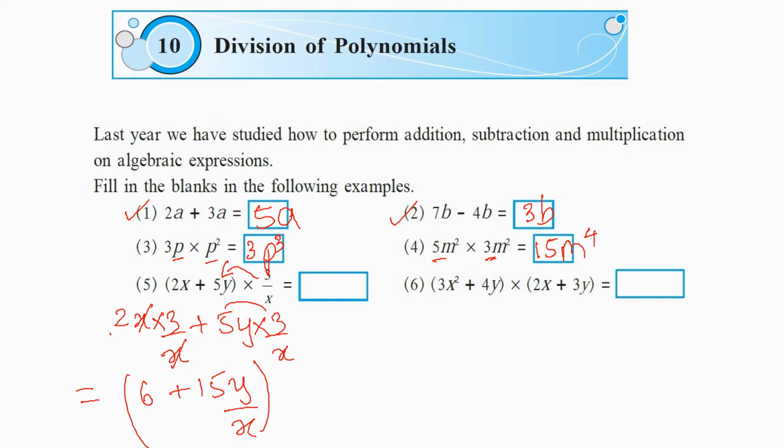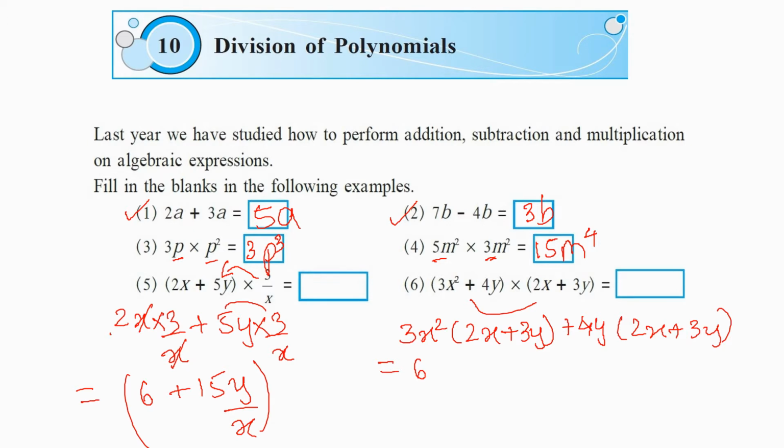Similarly, if you see the sixth one, here we'll have to do bracket to bracket multiplication. First you multiply 3x squared with the bracket 2x plus 3y. Similarly, 4y you multiply with 2x plus 3y. Now simplify this: 3 times 2 will give you 6, and x into x will give you x cube.